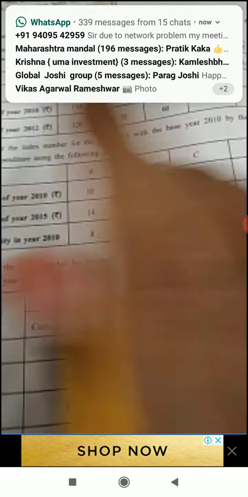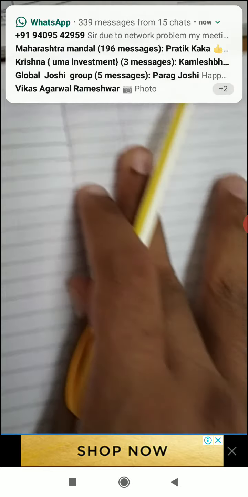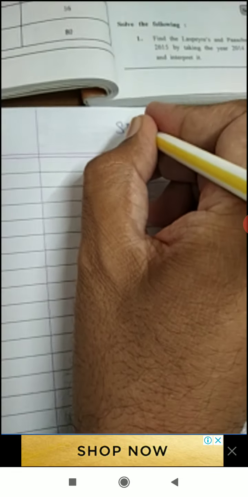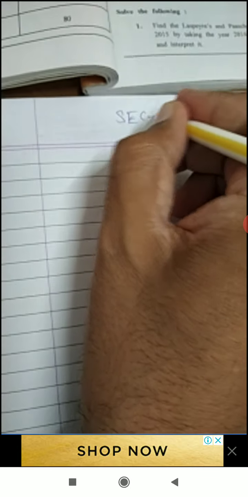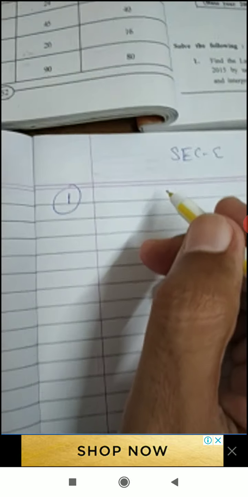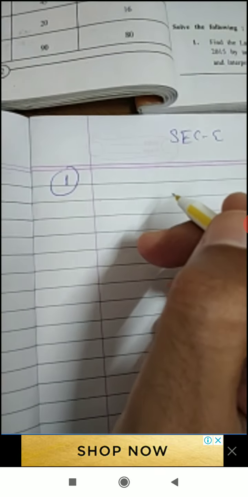So the next question is the first question of section E. Find the general index number.